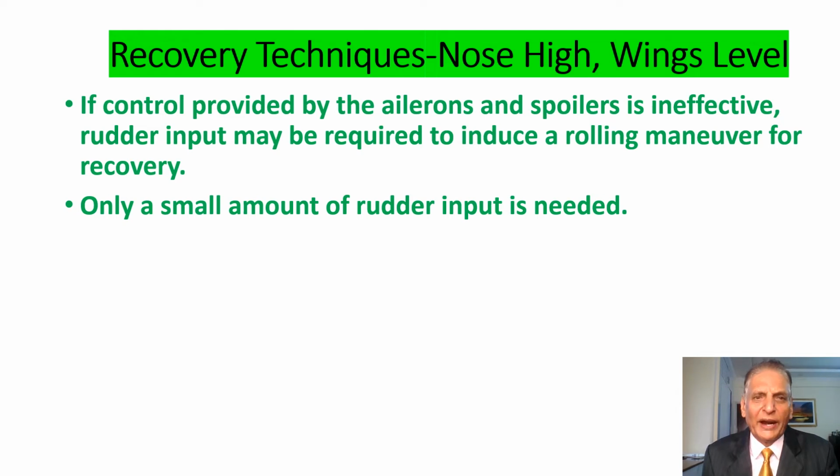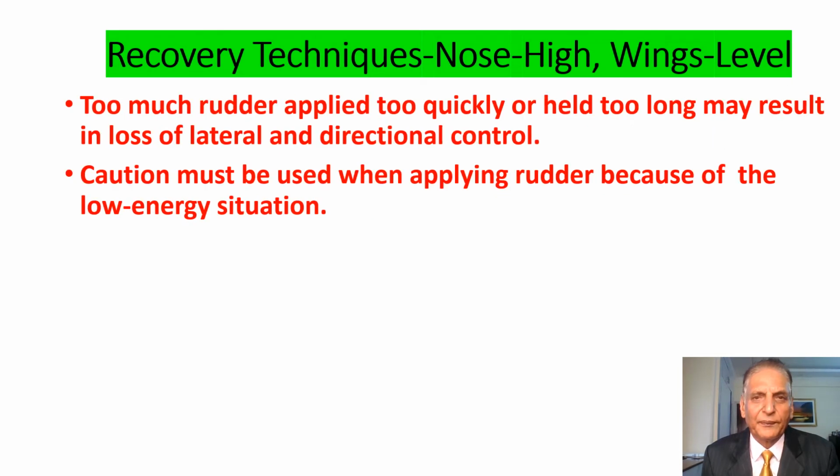If control provided by the ailerons and spoilers is ineffective, rudder input may be required to induce a rolling maneuver for recovery. Only a small amount of rudder input is needed. Too much rudder applied too quickly or held too long may result in loss of lateral and directional control.